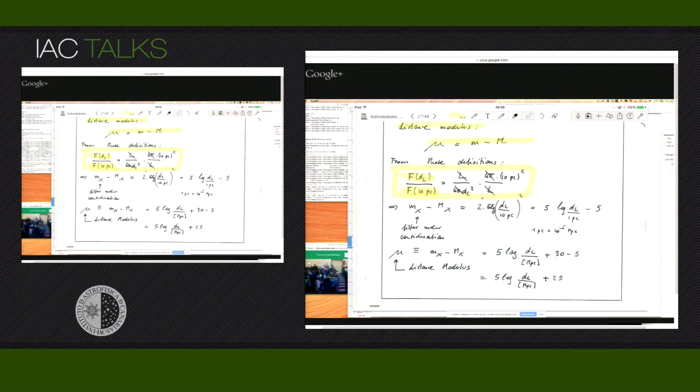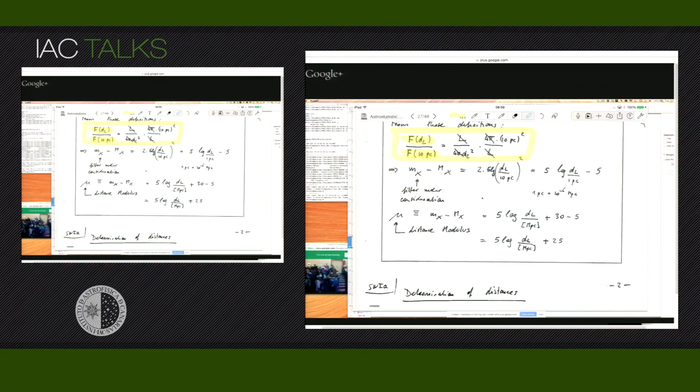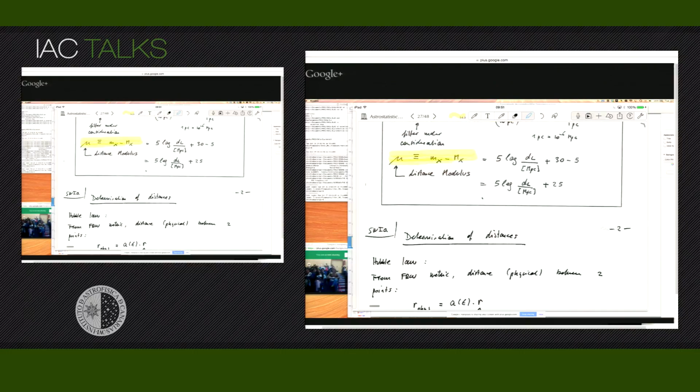You can do the math, and you find that the distance modulus, defined as the difference between apparent and absolute magnitude for a band X, where X represents the band in which you're making observations, B band, R band, and so on, depending on your filter and your telescope, is given by this simple expression here. It's 5 log of dl expressed in megaparsecs, plus 25.